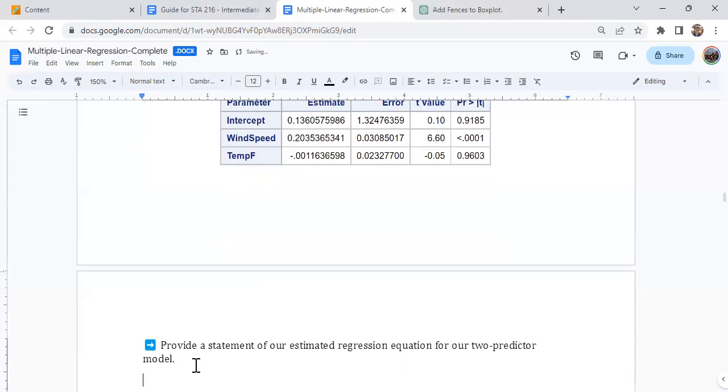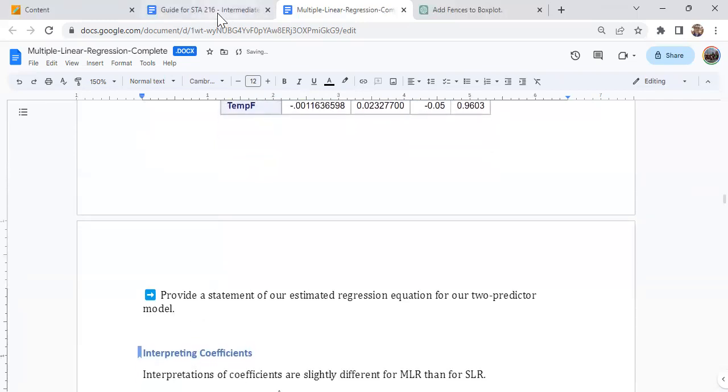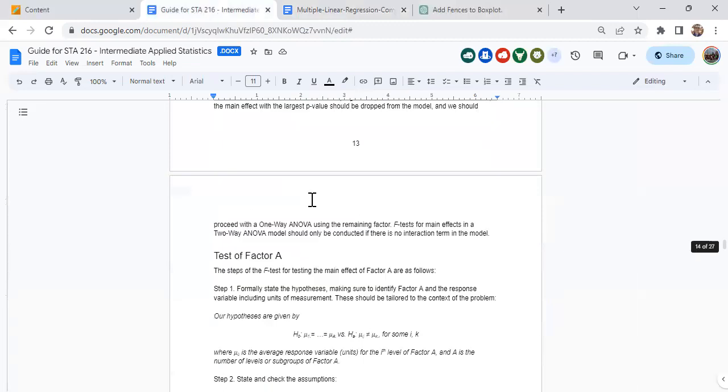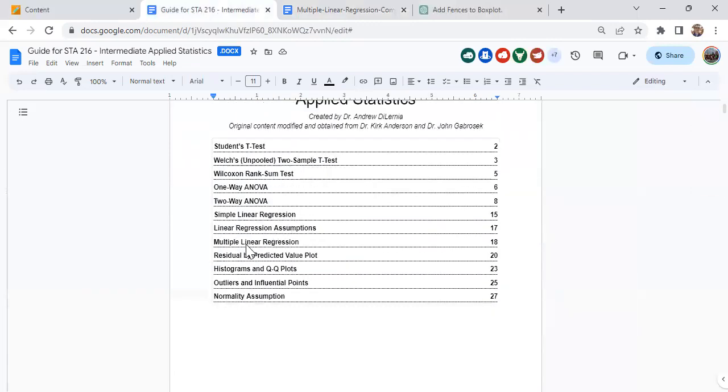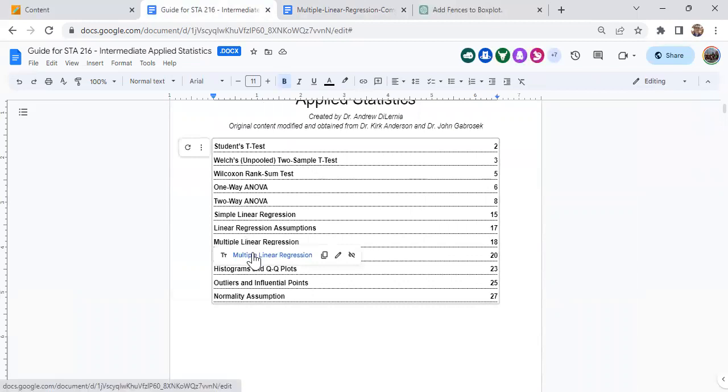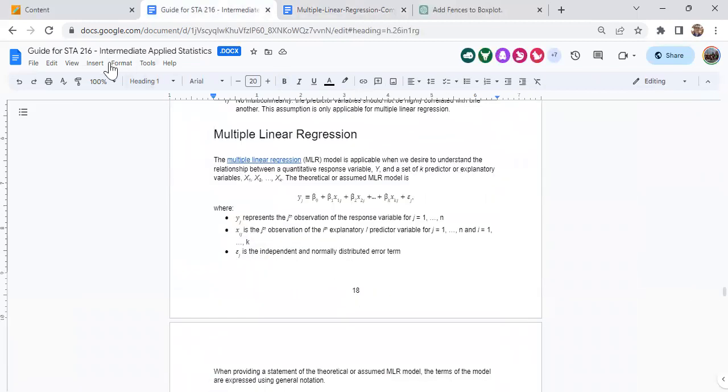So let's give a statement of our estimated model now. Just like I have the blueprint for simple linear regression, it's in here for multiple linear regression as well.